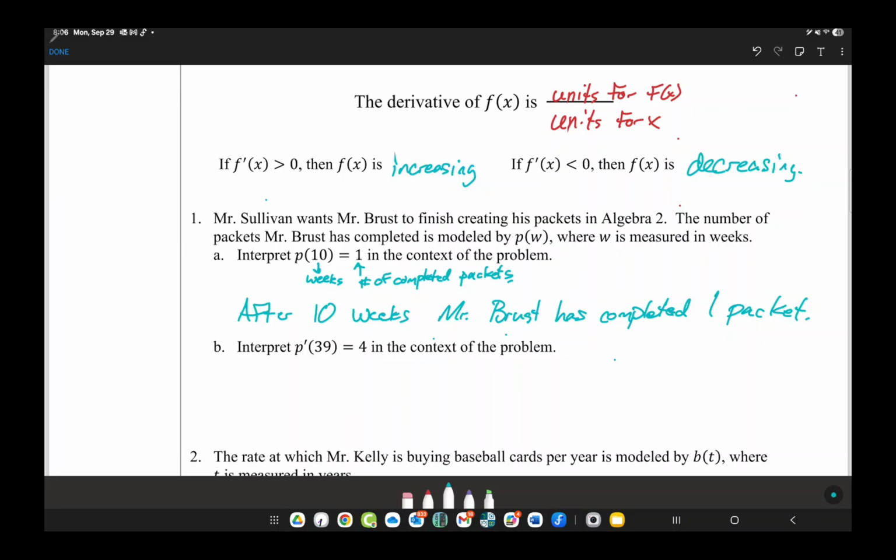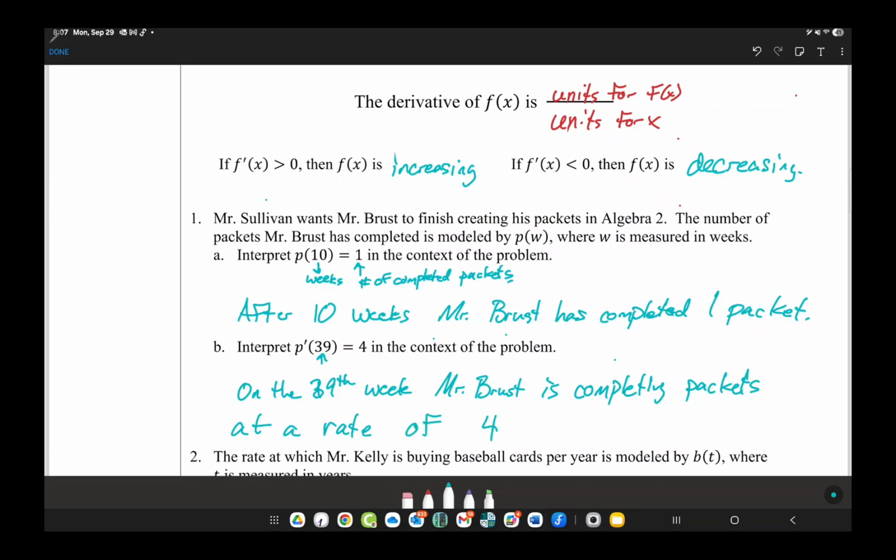So on the 39th week, Mr. Brust is completing packets at a rate of 4 what? What is the rate? Packets per week. So again, the things we need to see: rate of, correct numbers.